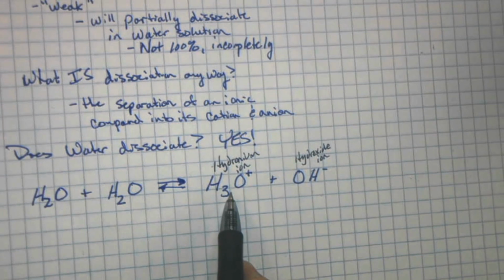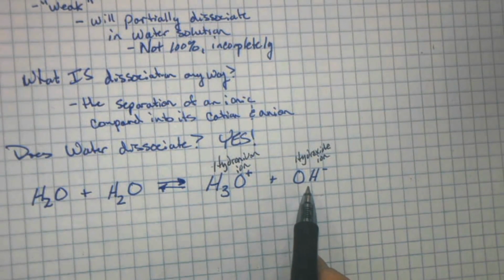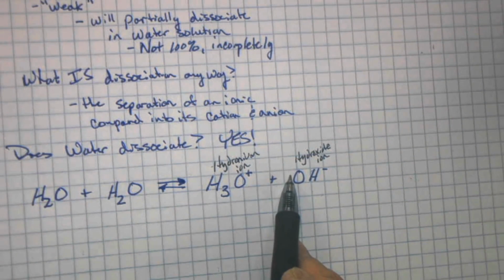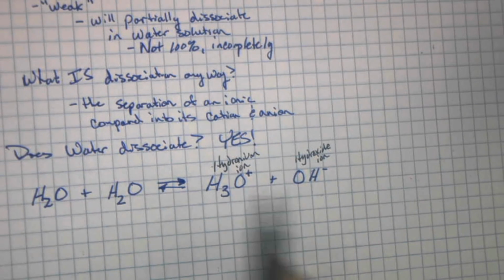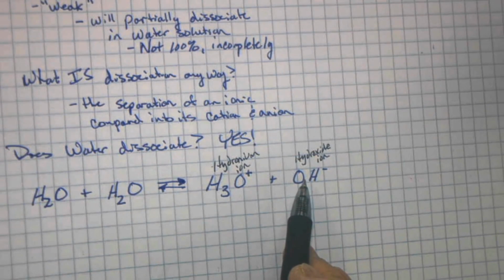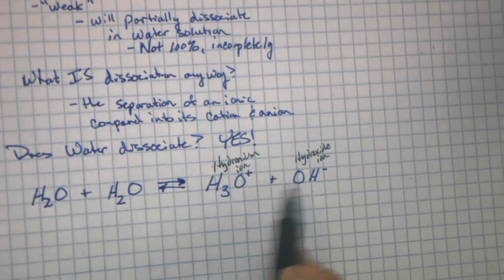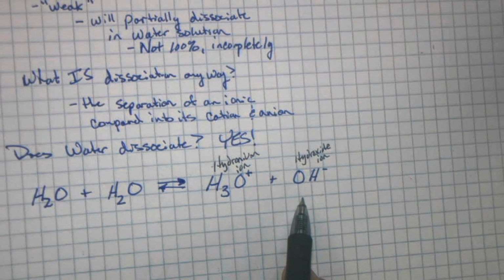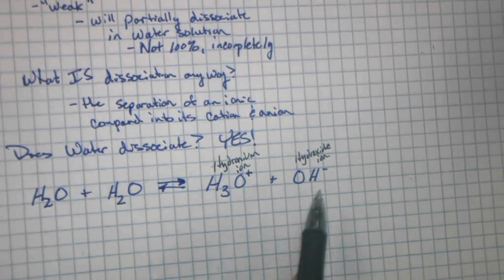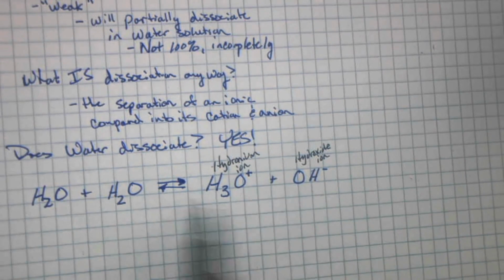If this is the ion that determines the presence of an acid, and this is the ion that determines the presence of a base, you'll never have more of one than the other if you just have water. This property, by definition, makes water neutral. It is neither acid nor base because it has both parts in equal amounts. We'll dive more into this tomorrow, but this is an important concept.